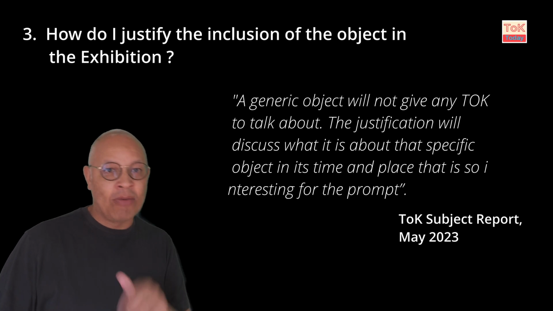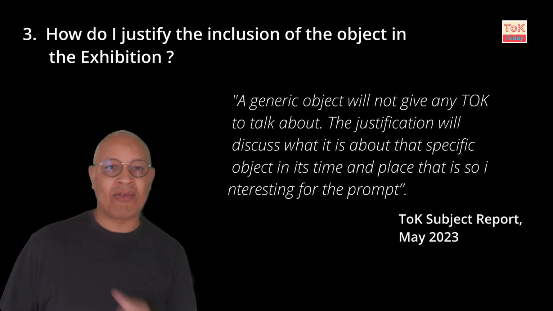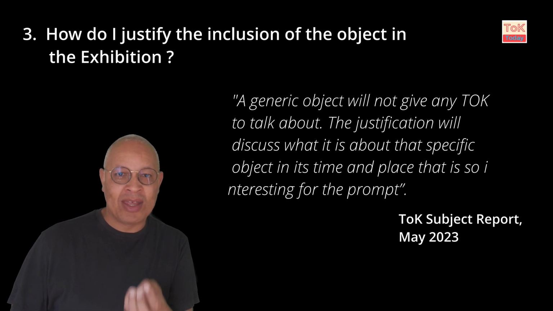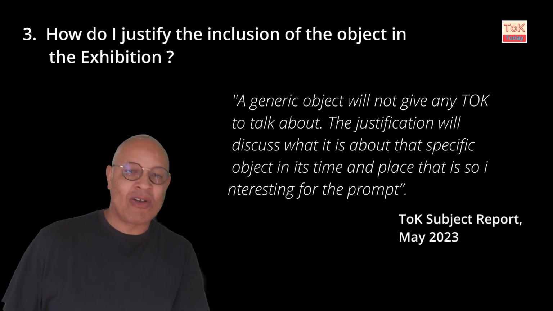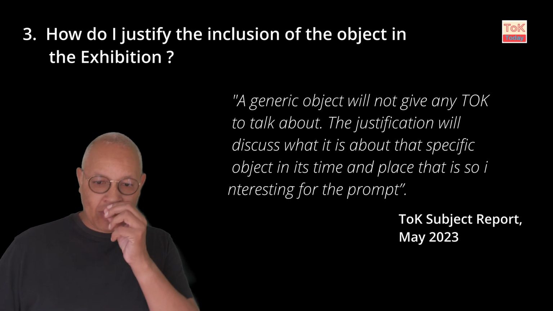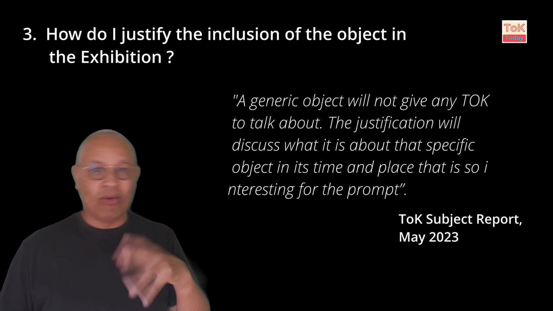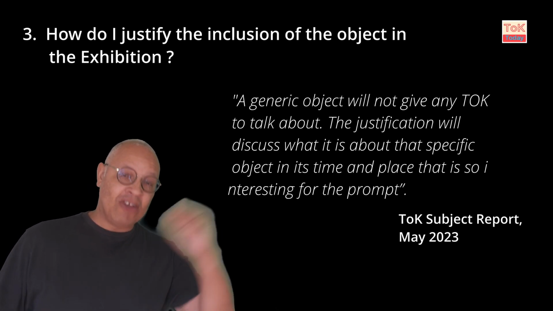A generic object will not give any ToK arguments to talk about. The justification application will discuss what it is about that specific object in its time and place that is so interesting for the prompt. So here again, we've got a key thing that the specificity of the object, or whether it's personal to you or whether you're familiar with it, leads to the knowledge argument.